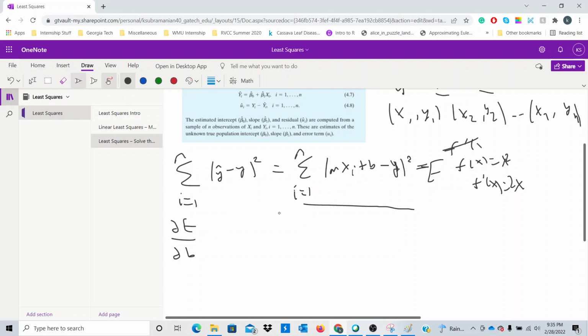We're going to take the partial derivative of the expanded version of this sum, which is m x1 plus b minus y1, whole squared, plus m x2 plus b minus y2, whole squared, and so on up to n.